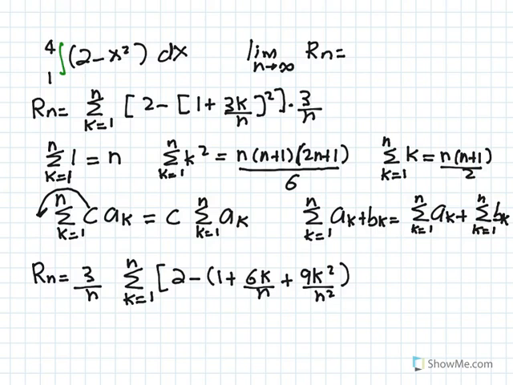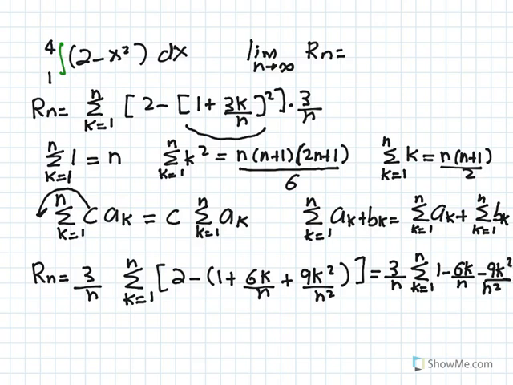We basically got that by squaring this term, 1 plus 3k over n, all squared. And this is equal to 3 over n times the summation, k goes from 1 to n, of 1 minus 6k over n minus 9k squared over n squared.